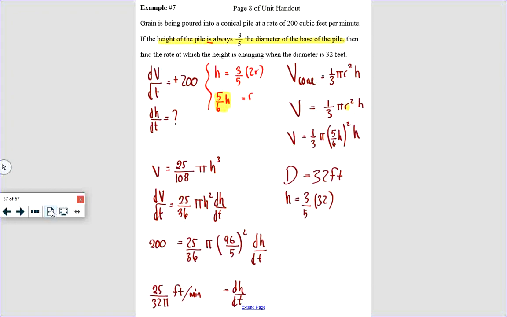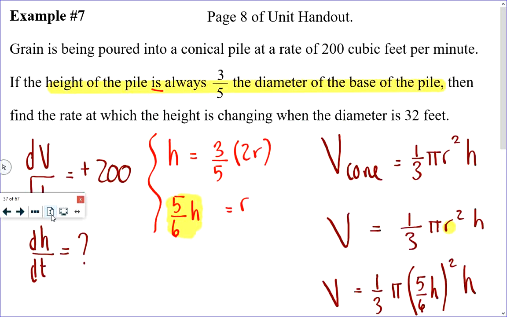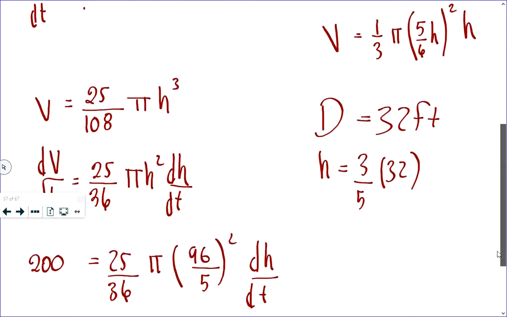Okay, now could you have taken a different approach? I want to show this approach to you and then tell you why I think it's not a good approach. But you could have said, where's 5/6 stage? I'm going to differentiate this anyway, even though I don't know dr/dt.